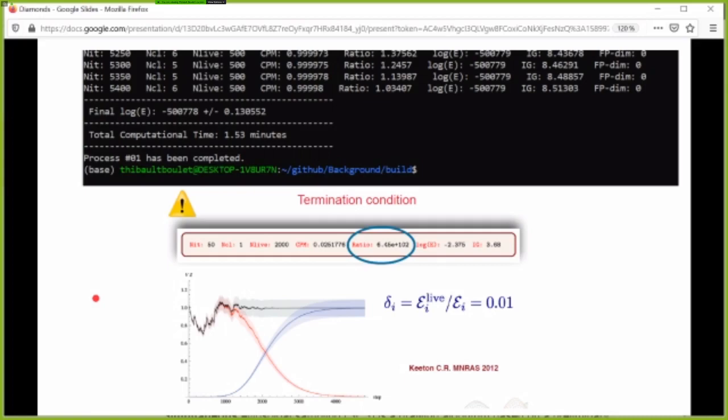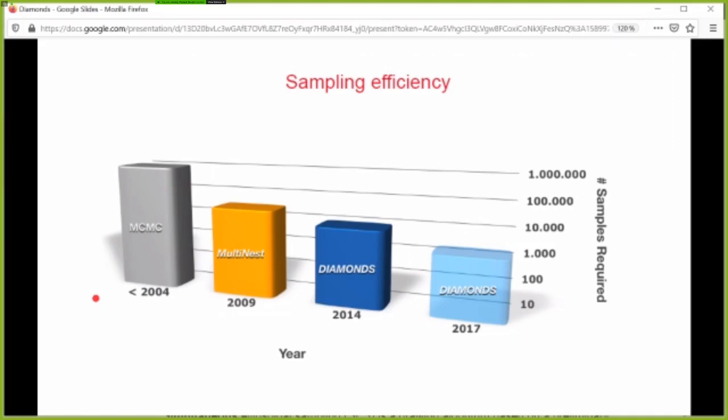So basically, I will finish on the sampling efficiencies. Before 2004, Monte Carlo methods used for sampling a parameter space to do integrations required around 1 million samples.